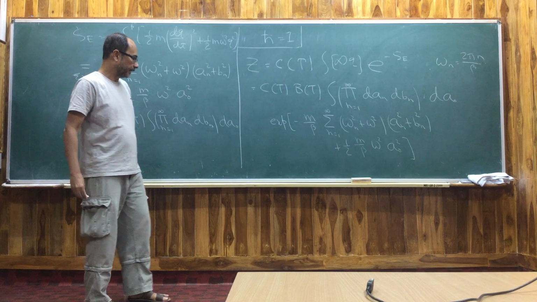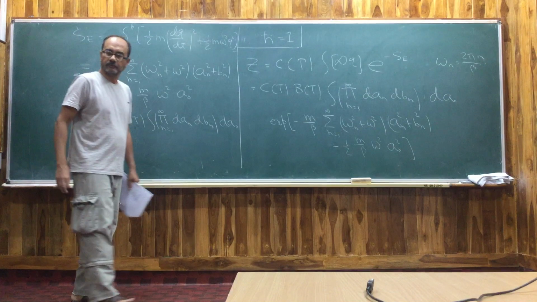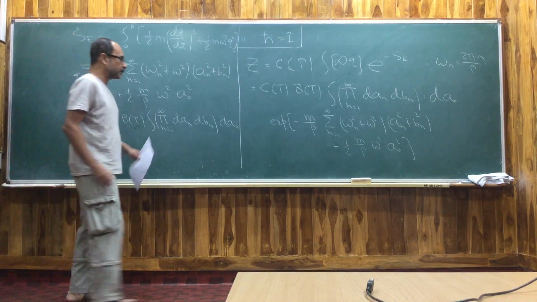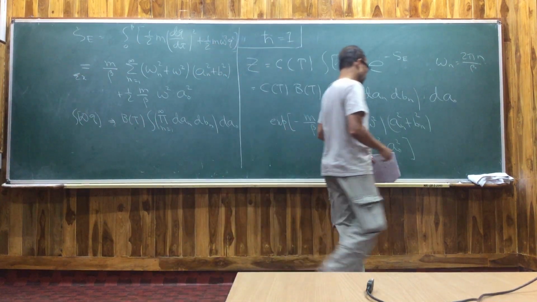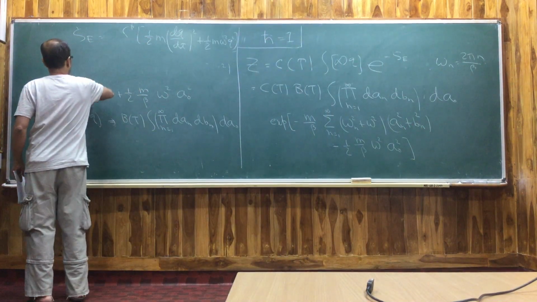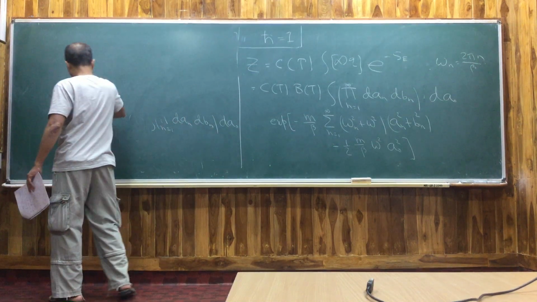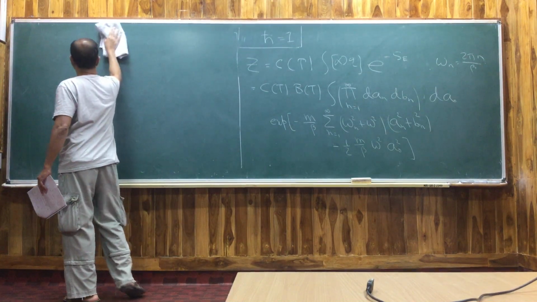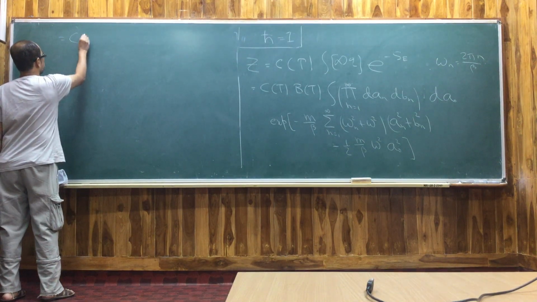Second is also minus. Minus, thank you. So this is a Gaussian integral, right? We can easily do this. C of t.